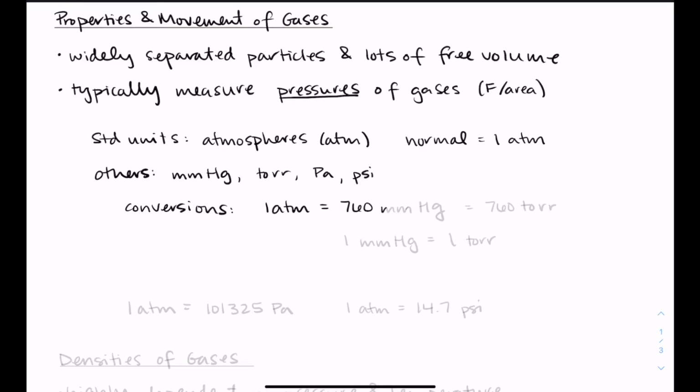And 1 atmosphere is the same as 101,325 pascals, and also the same as 14.7 psi. So psi is probably what you are used to seeing in normal settings, right? That's the pressure that you might measure the air pressure of your tires in.